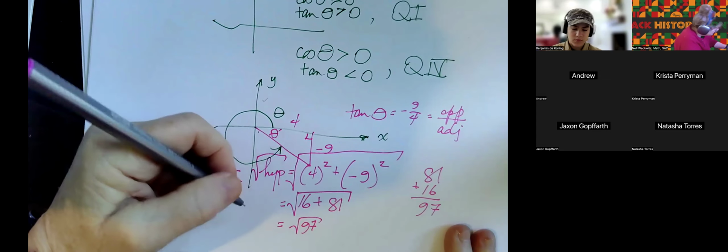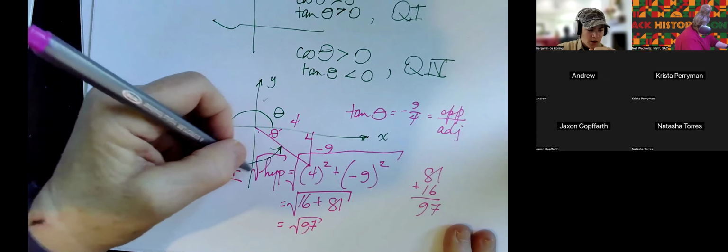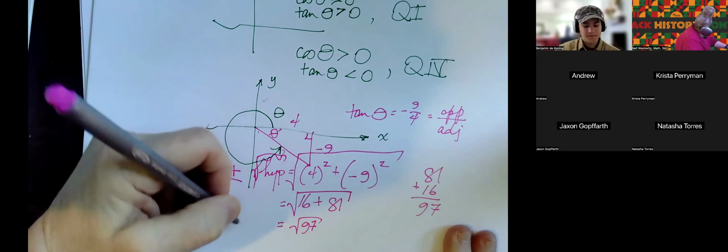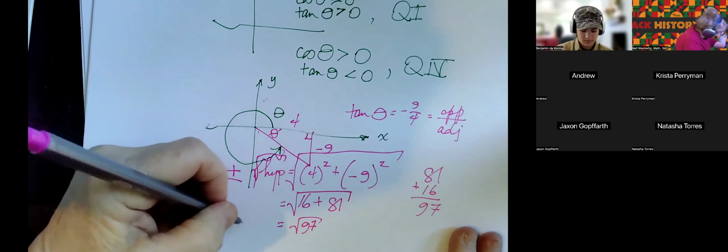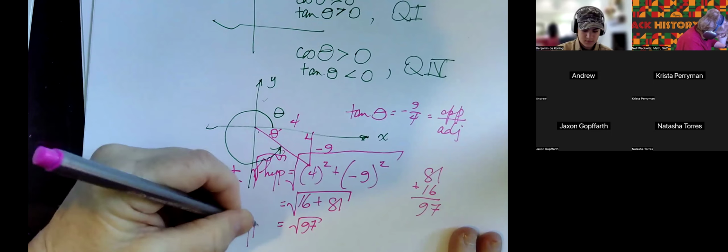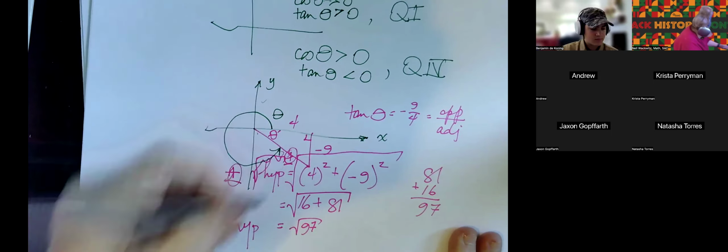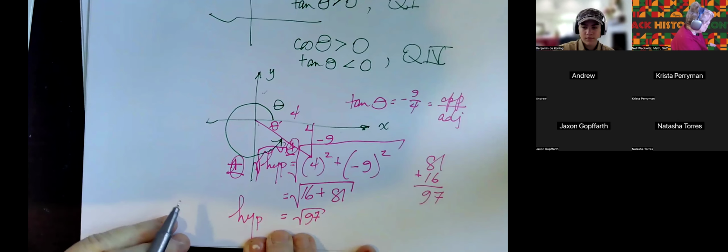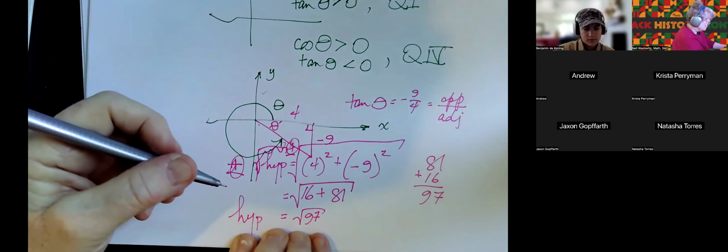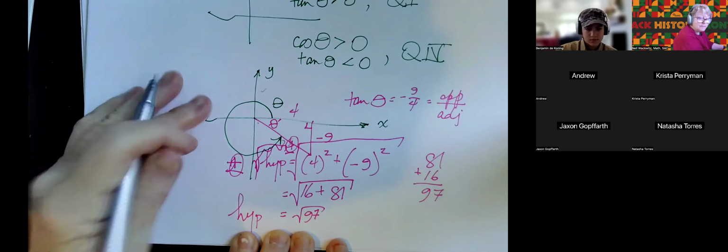And we already discussed that the hypotenuse is going to be the positive. So the hypotenuse is the square root of 97.